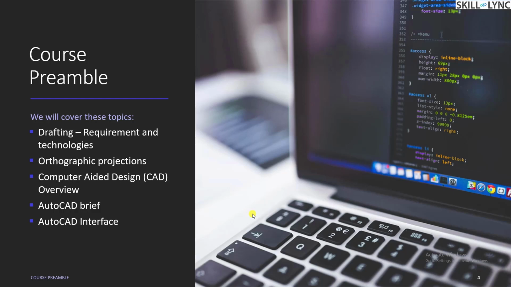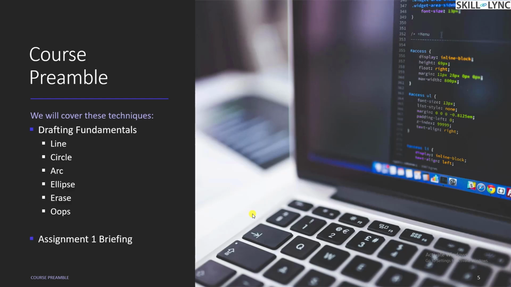Next we'll look into CAD, computer aided design, how it has evolved and where it is now. And finally we'll look into a brief of the AutoCAD software: the workspace, where the tools are located, how to work with new files, creating and saving them, and so on.